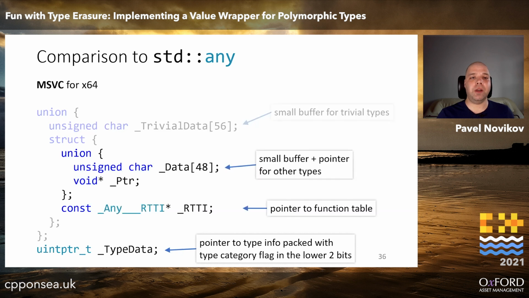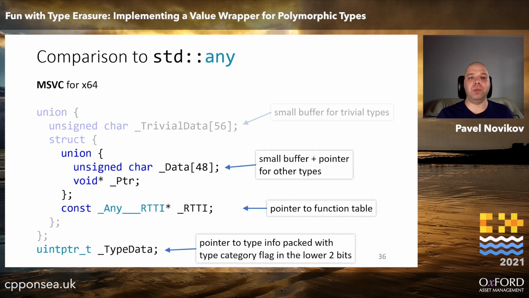Or we have a small buffer plus a pointer in the union for non-trivial small objects and big objects. Also we have a pointer to a function table, which is populated depending on the type of the object.